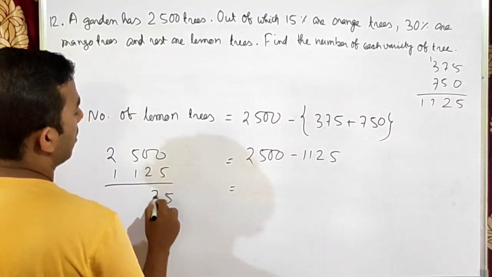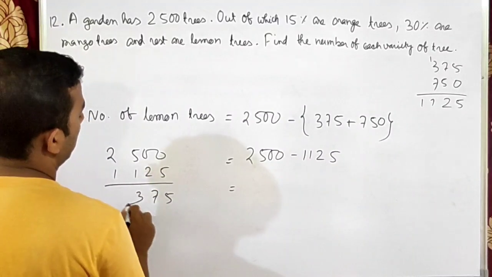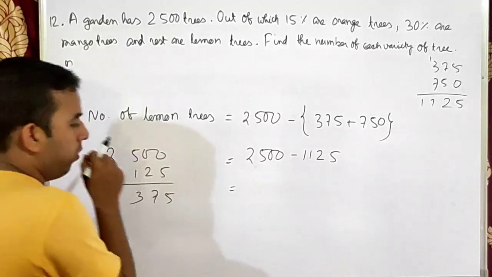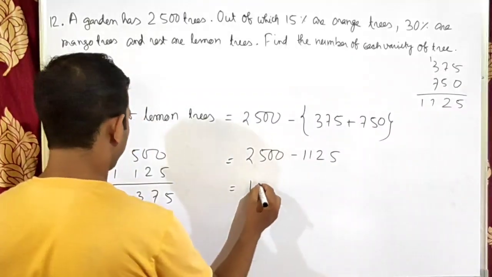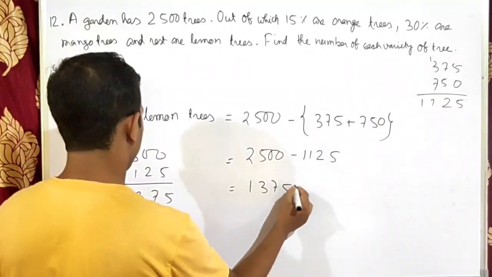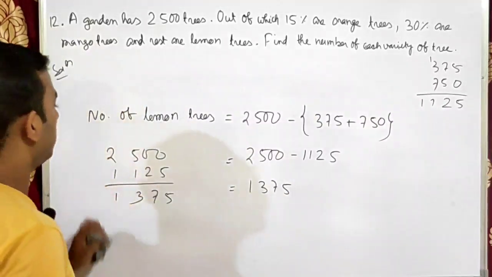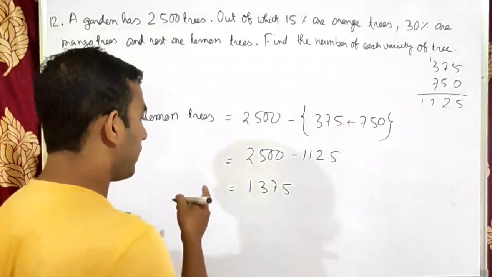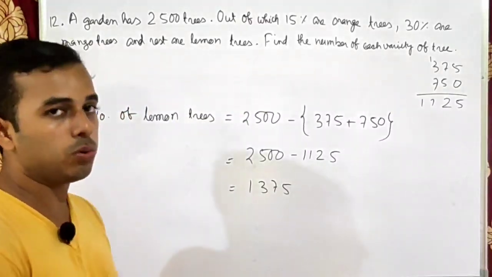Here 9 minus 2 is 7. 4 minus 1 is how much? 3. 2 minus 1 is how much? 1, isn't it? So number of lemon trees is 1375.